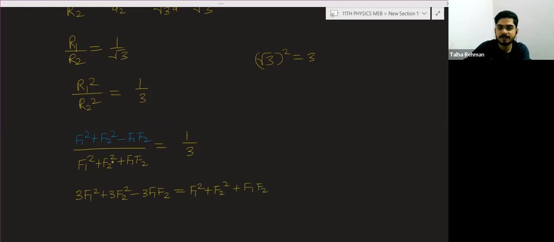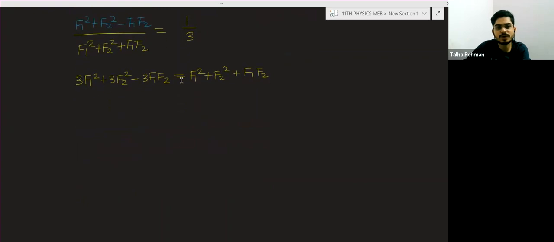Now here 3 F1 square minus F1 square will become 2 F1 square. This 3 F2 square minus F2 square will become 2 F2 square, and this 3 F1 F2 minus F1 F2.